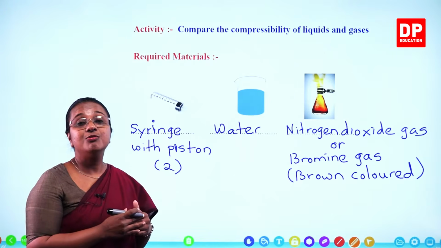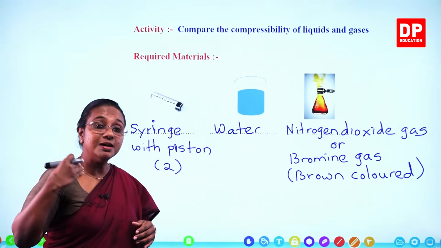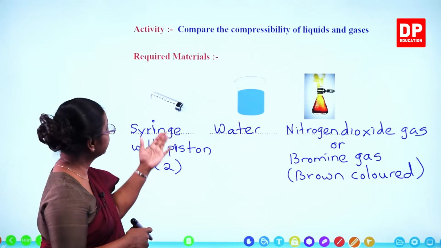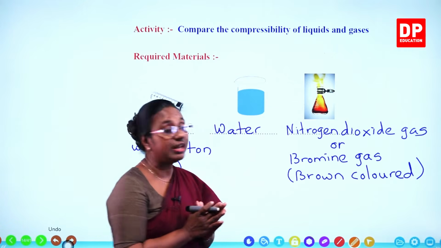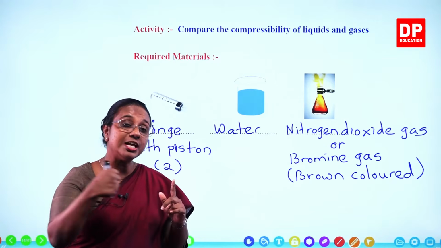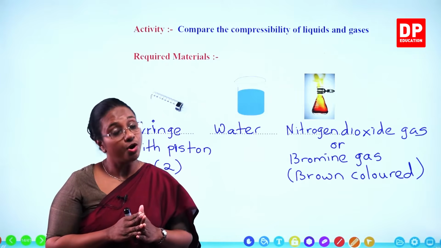When they give you the injection, that is what happens. When the piston is pushed, the medicine inside enters into our body. So, that is how the injection is used. But if you take a gas, close the open end of the syringe, and try to push it, you can compress it. That is what we are going to observe now.